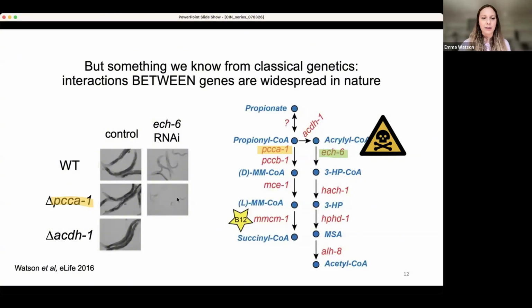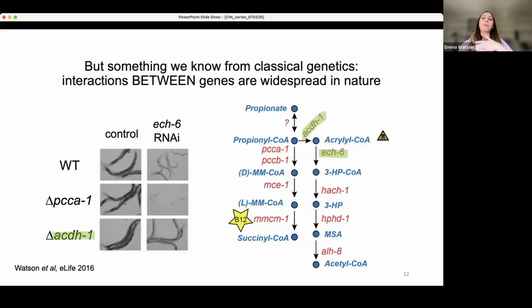You get synthetic lethality. Now, what happens if you knock out the upstream gene to ECH6? Well, now you can't make acrylyl-CoA, and these worms actually do even better than when ECH6 is knocked out in the wild type background. And so in this case, this is an epistatic interaction. And so these interactions are really widespread in genetic networks, not just in metabolism, but also in signaling networks.